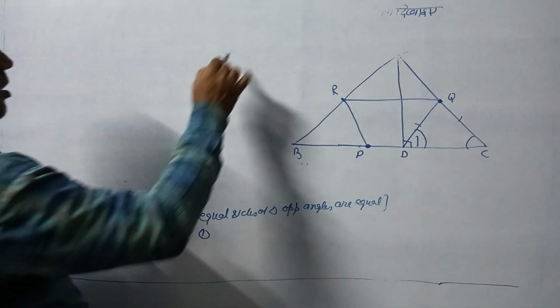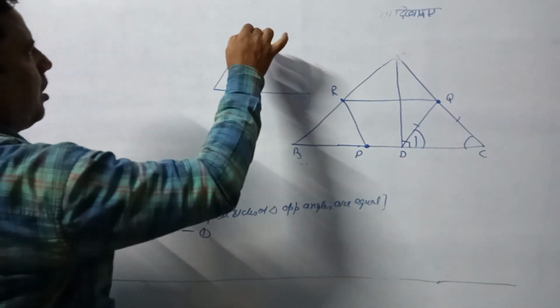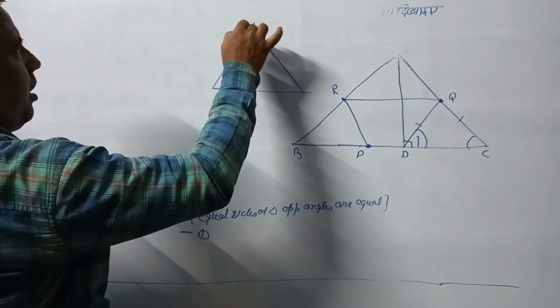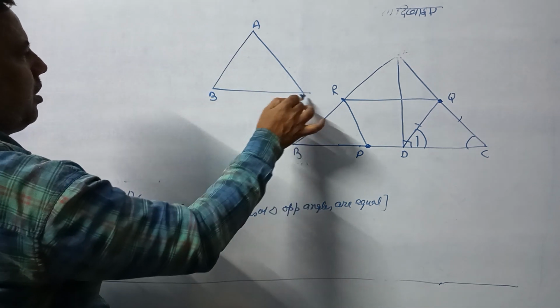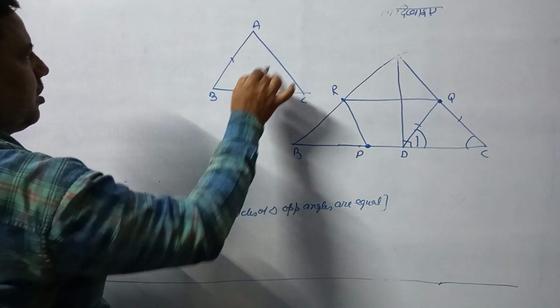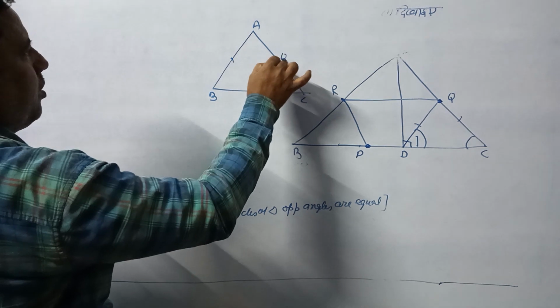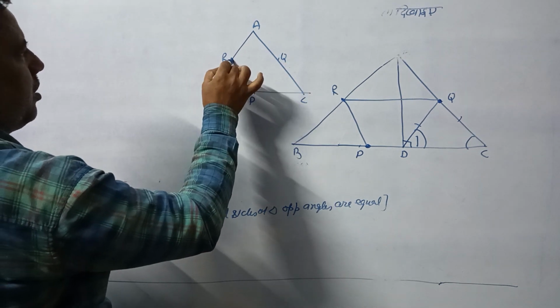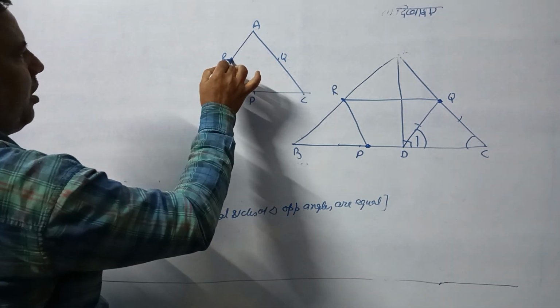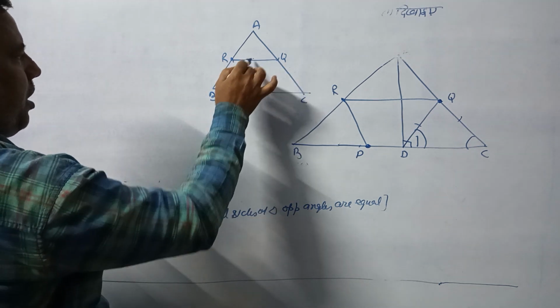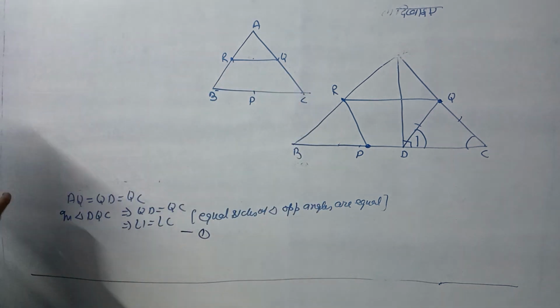Again in triangle ABC, P, Q, R are midpoints, and the join is parallel to BC.